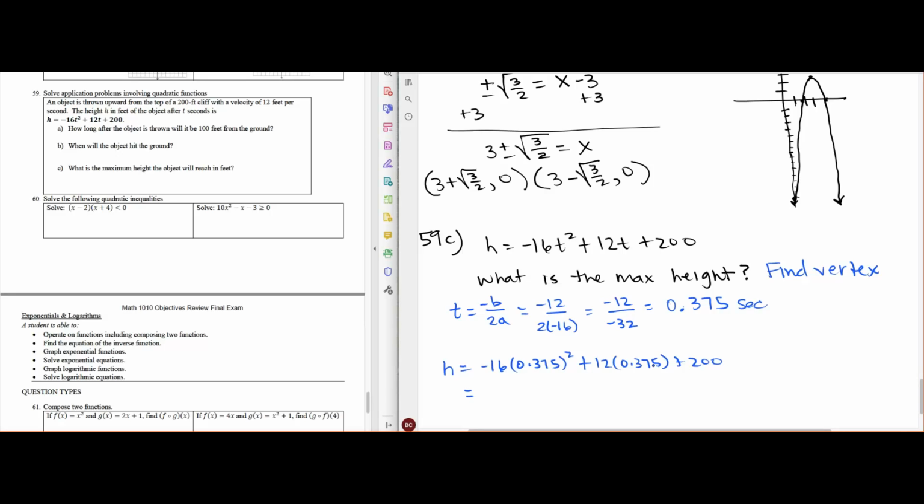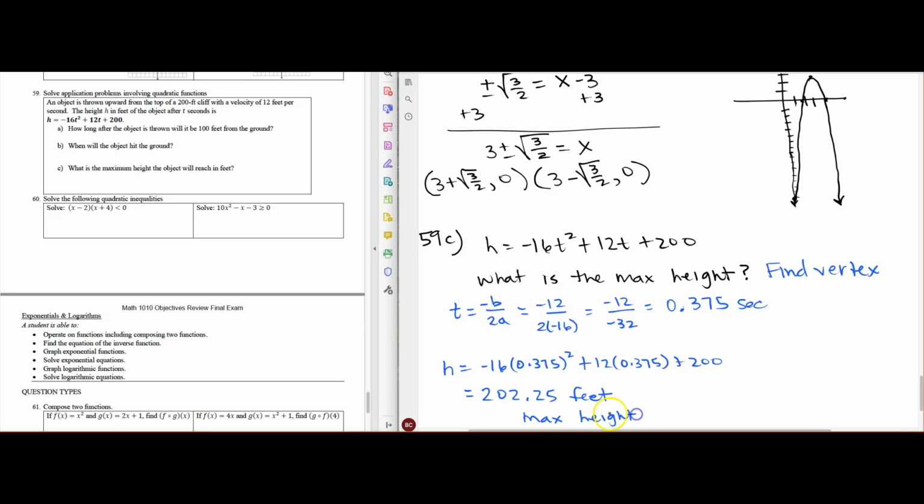Okay, I came up with 202. Right, and here it didn't say where to round our answer, but it was 202.25 feet. Right, is the maximum height.